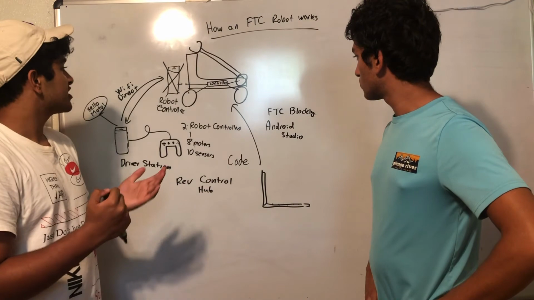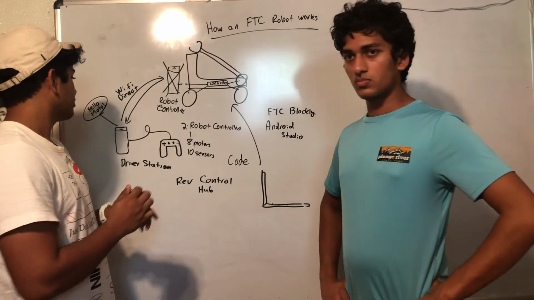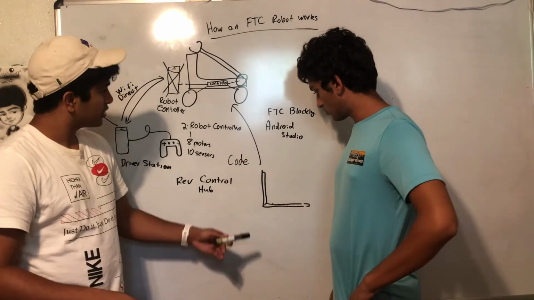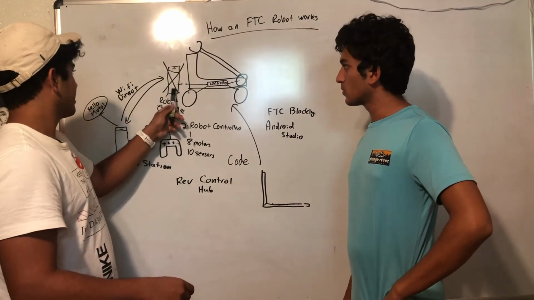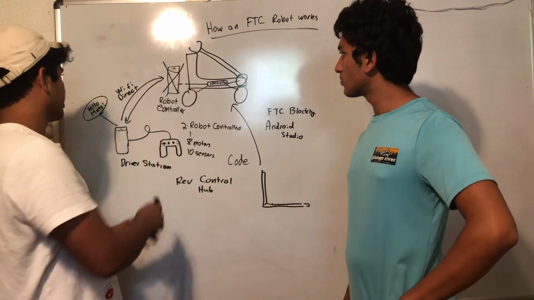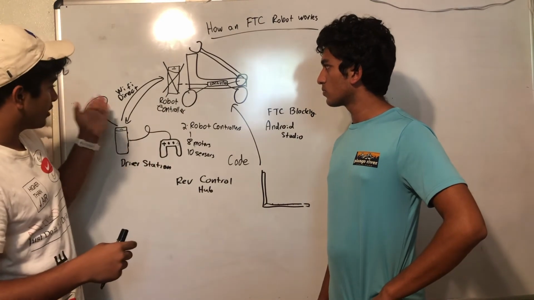That's basically an overview of how the robot works. It all starts off with the code, which gets sent to your robot controller, unless you have the control hub. Then that robot controller talks to your driver station through Wi-Fi Direct.